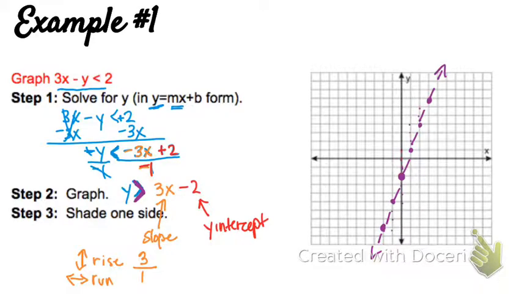Now I need to shade it. If it's greater than, you want to do above the line. So if you look at this purple line and see it as a slant, if you pushed that purple line down, that would be below. And if you pushed it up, that would be above. So above the line is all this over here.